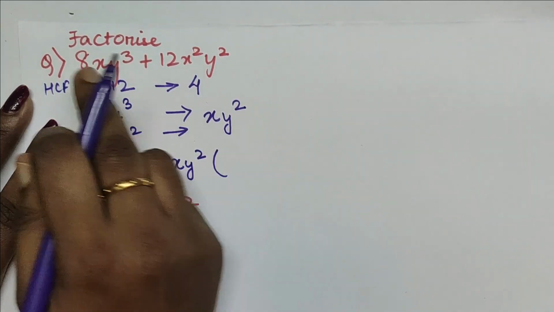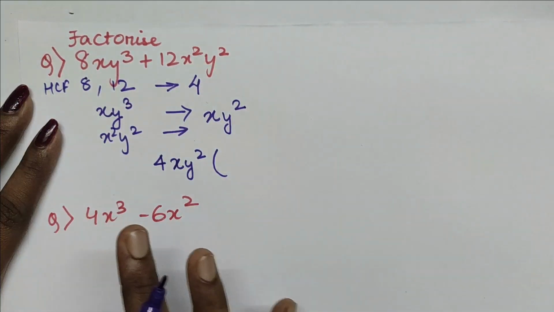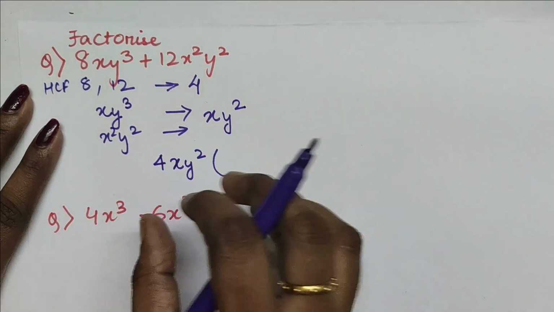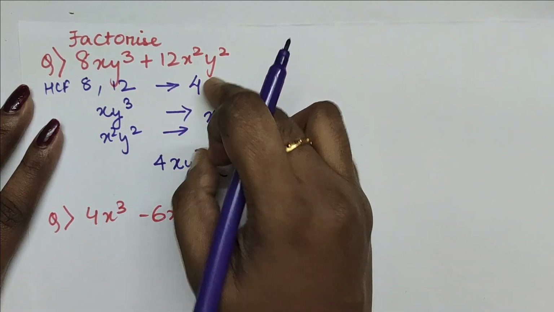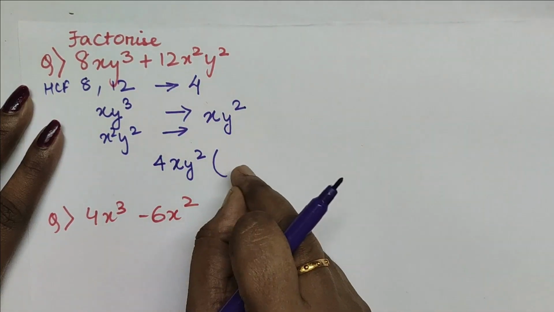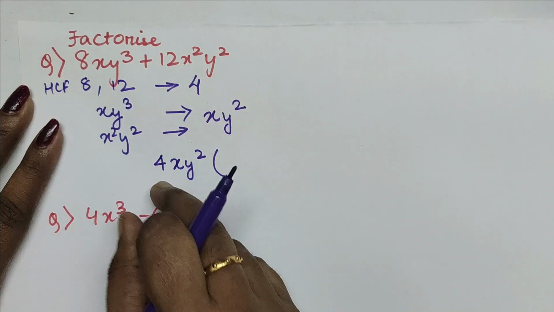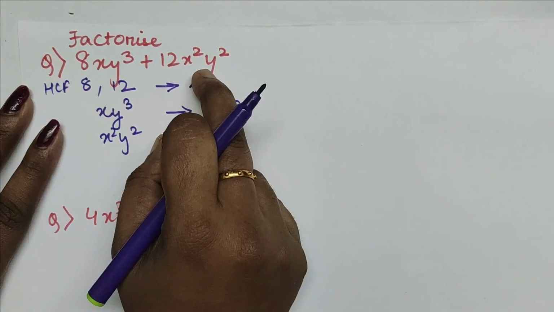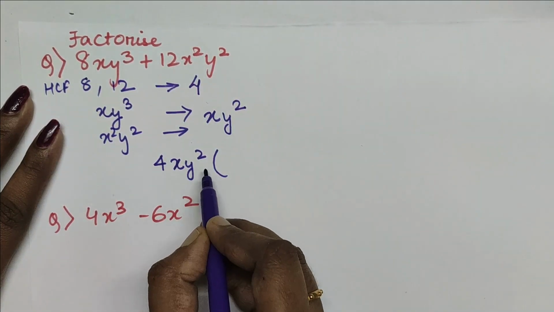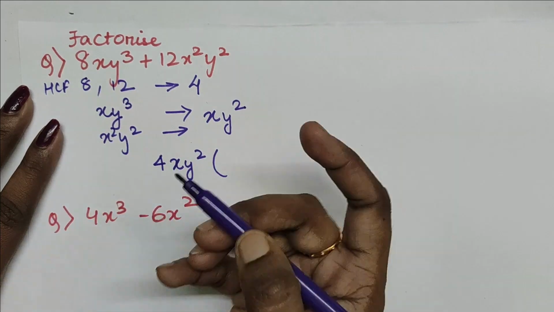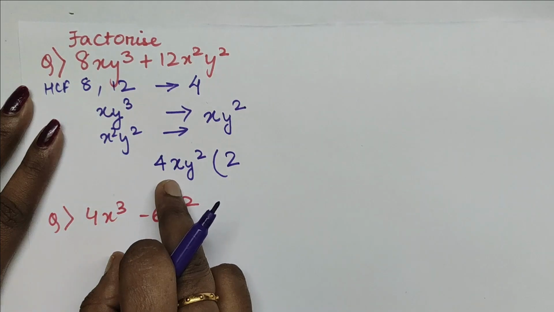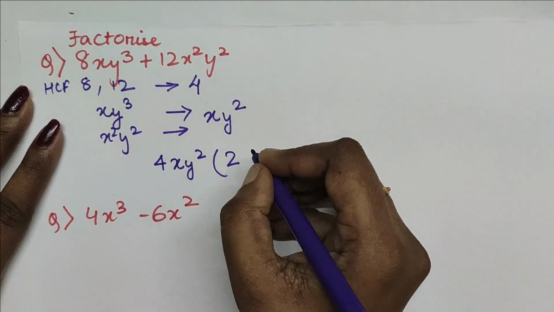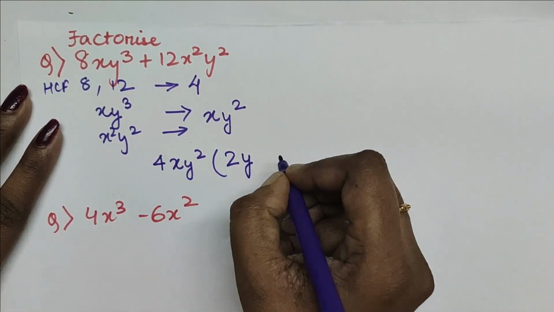Now we have to factorize this term. The process of finding two or more expressions whose product will be the given expression is factorization. So we have to multiply some terms here so that we get back the given question. If 4xy square is removed from this term, what is left? 4 into 2 is 8. x is already there, y cube is there, so we will just put one y.